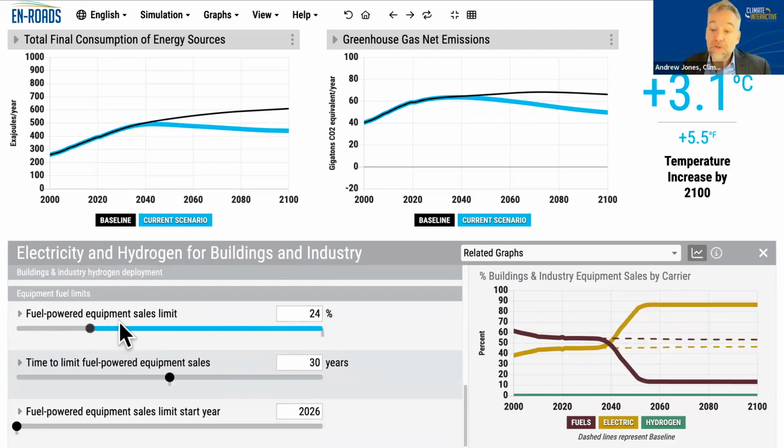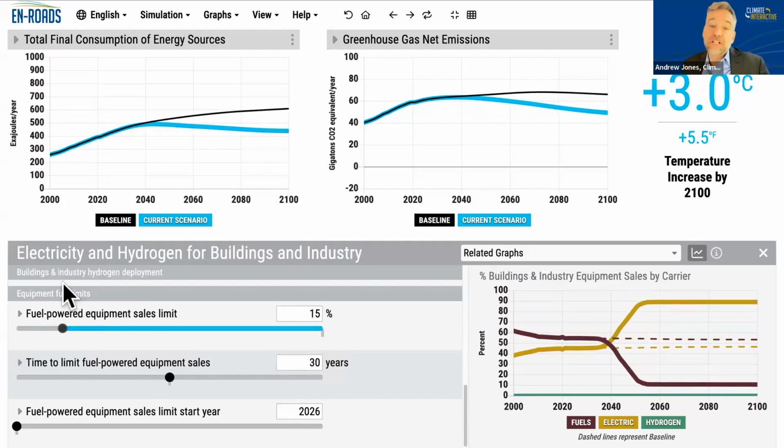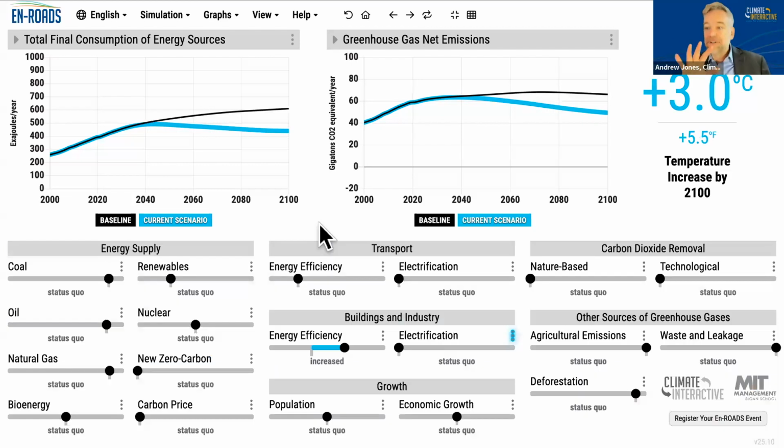Look over on the bottom right here: the yellow area is how much electric-based buildings and industry sales versus the brown, which is fuel-based, such as natural gas. With district heating, it can be more efficient. We also could have more electrification that could lead to less, and that actually brings temperature down because we're able to use more zero carbon energy. I hope that captured what you had in mind.